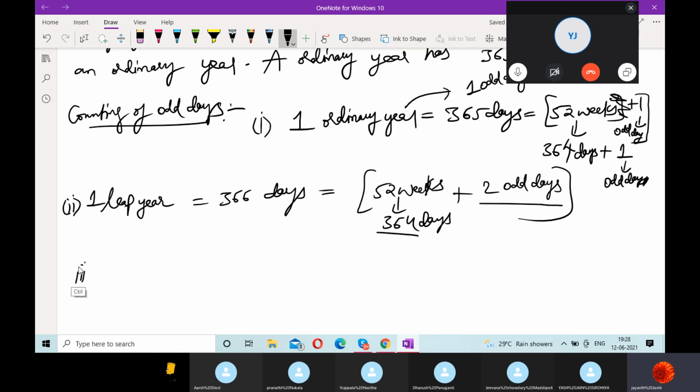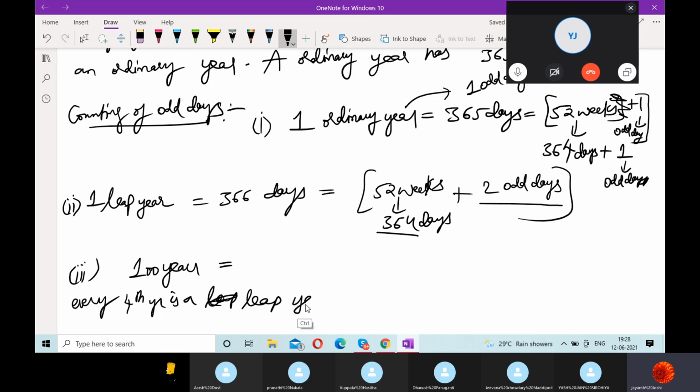And point number 3, if I have to see how many odd days 100 years has, you should see in 100 years, every fourth year is a leap year. Why? Because any year which is divisible by 4 is a leap year. So 4, 8, like that.